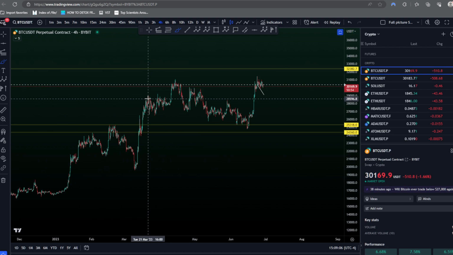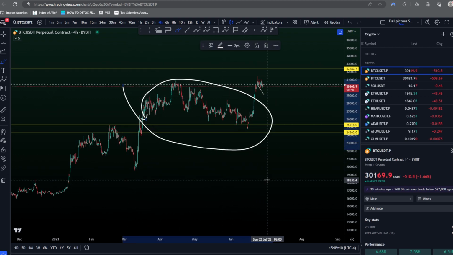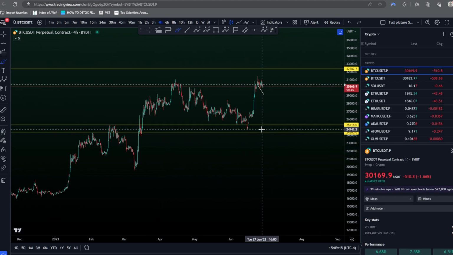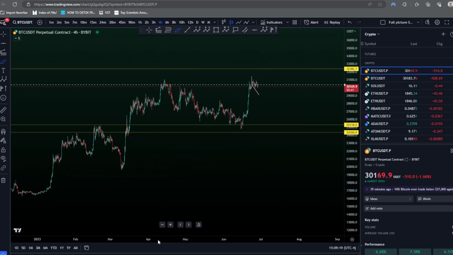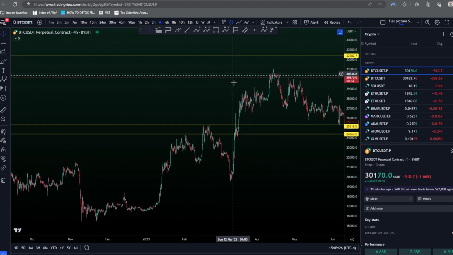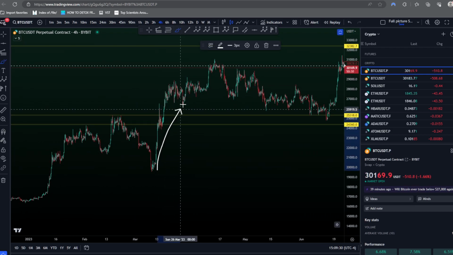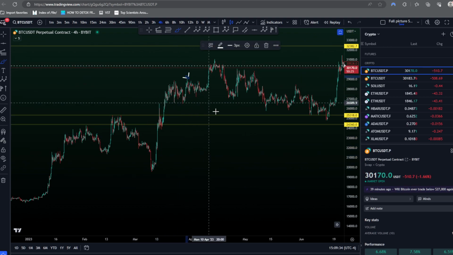So ultimately, this big corrective structure, or accumulation structure, is really difficult for me, I'm not going to lie. Off of this top here, I'm saying this wave is done: 1, 2, 3, 4, 5, done.